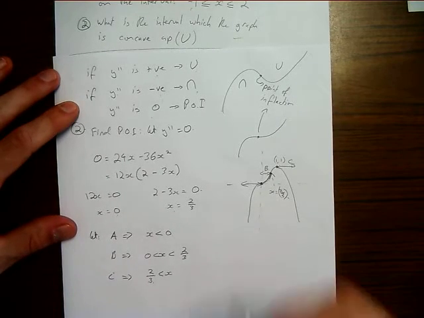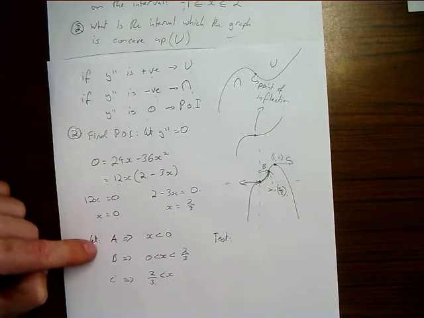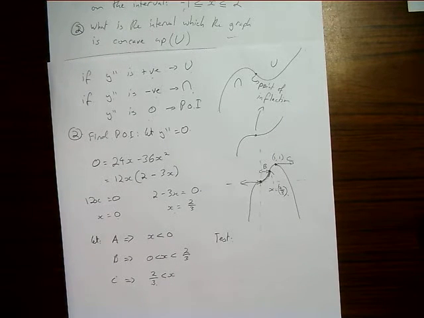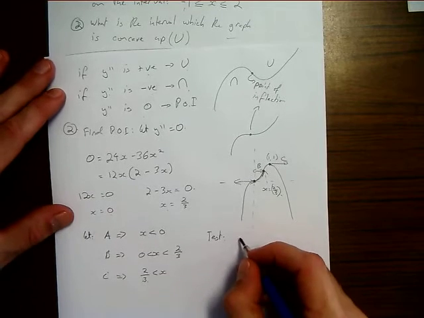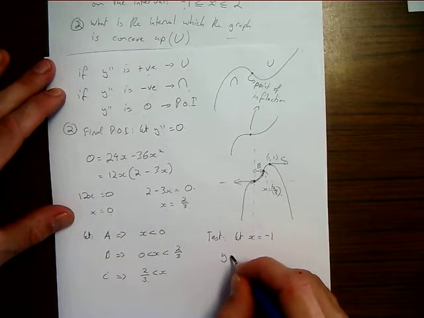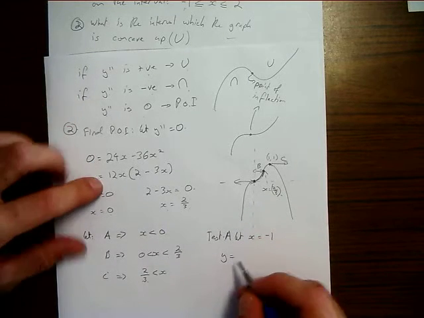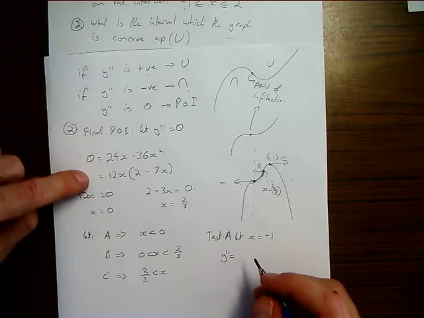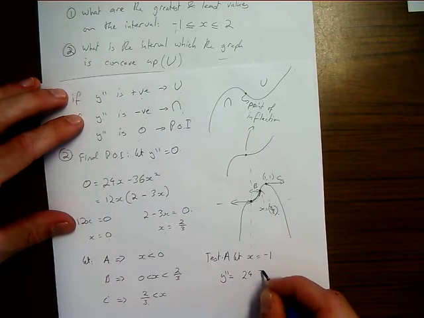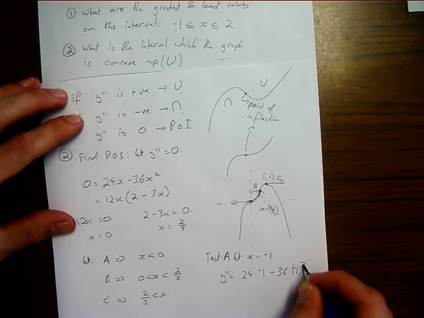So what's the point in A? -1. Okay, so I'd always like to pick a nice, round, easy point. So let's let x equal -1. This is testing A. y double dash is 24 by -1, take 36 by -1 squared.